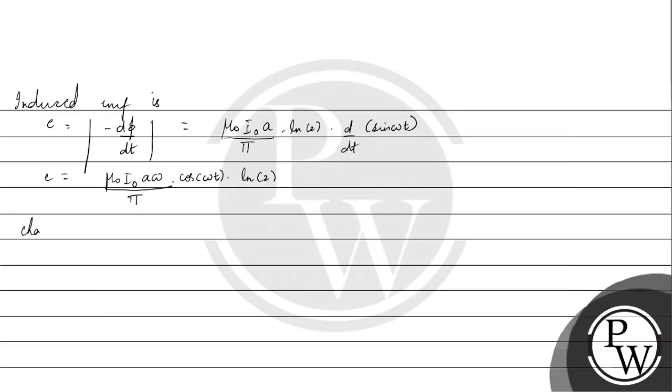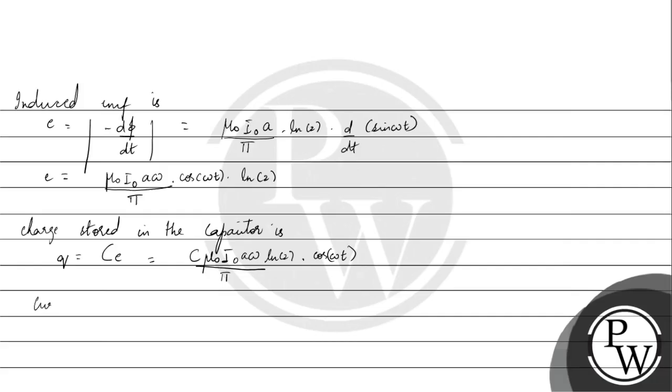So the charge stored in the capacitor is given by Q is equal to the capacitance into the induced EMF. So this will be C into mu naught I0 a omega by pi ln 2 into cos omega t. Finally we will see what is the current in the loop.